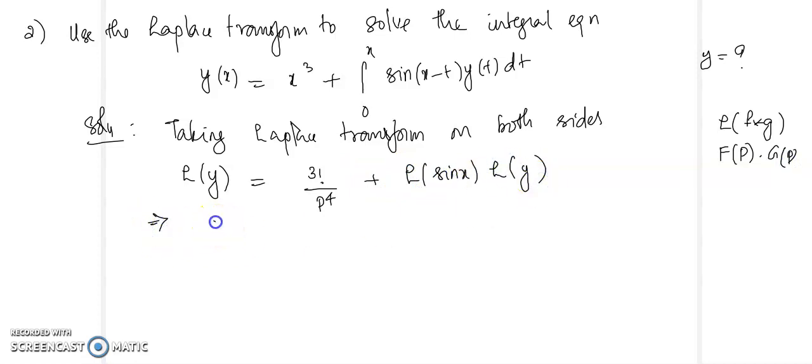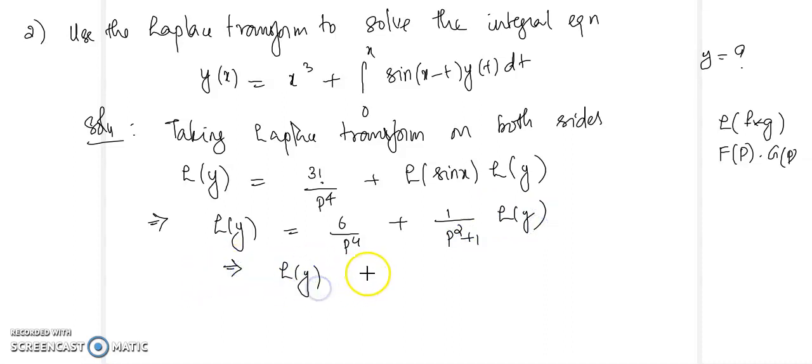So L of y will be equal to 6 by p raised to 4 plus L of sin x, which is 1 by p square plus 1, into L of y. So therefore L of y into 1 minus 1 by p square plus 1 will be equal to 6 by p raised to 4.